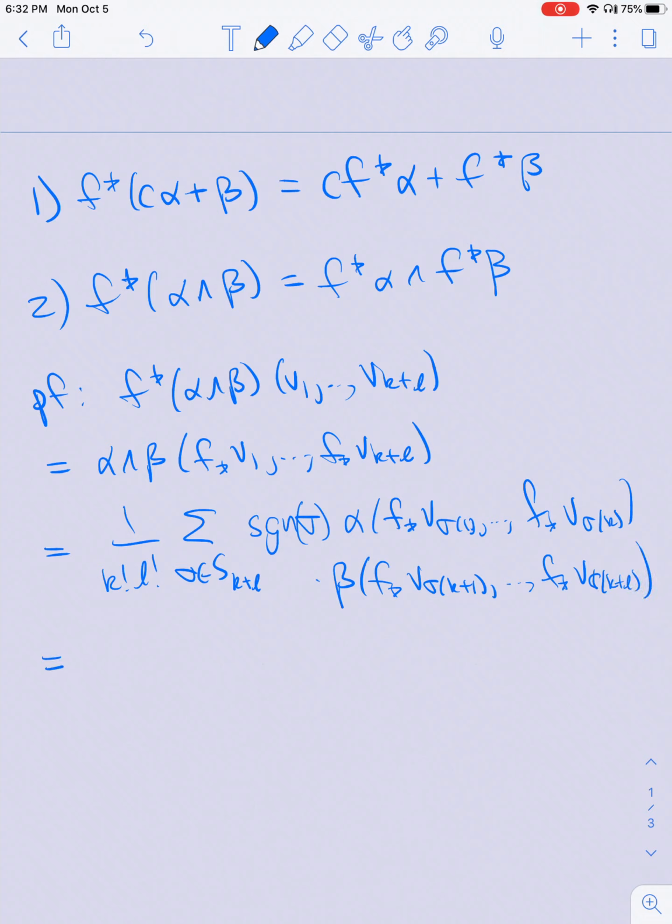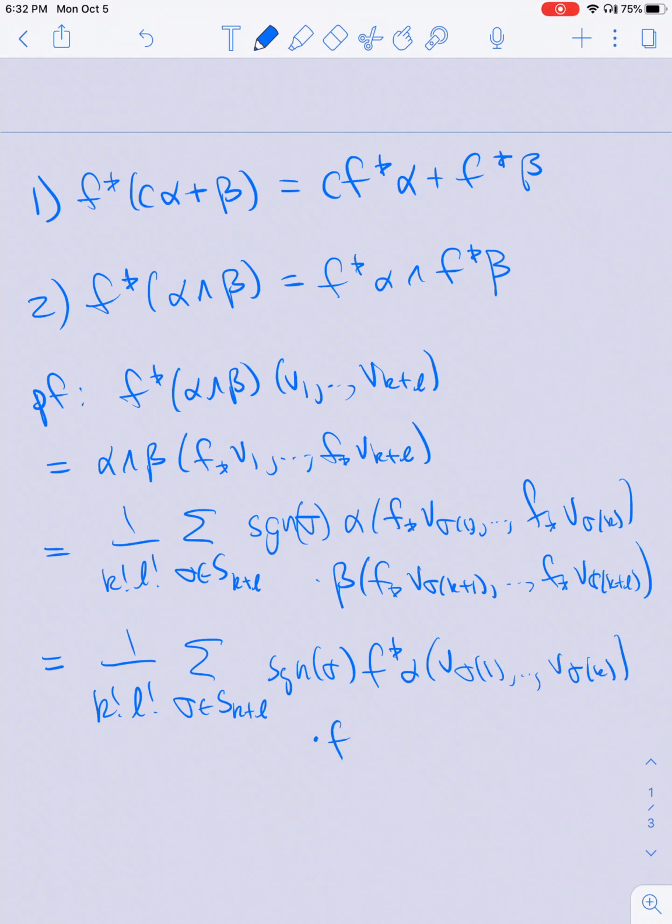And then when I go back and unravel this, I can rewrite this as 1 over k factorial l factorial, sum over sigma in S(k+l), sign of sigma, and then this is going to be the pullback of alpha applied to v sigma(1) through v sigma(k), times the pullback of beta applied to v sigma(k+1) through v sigma(k+l).